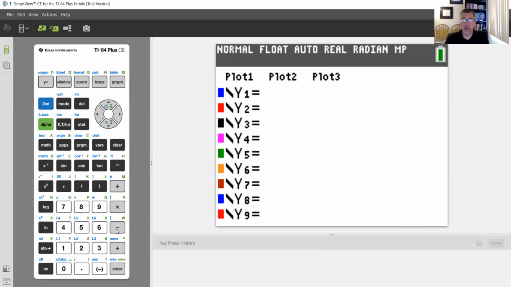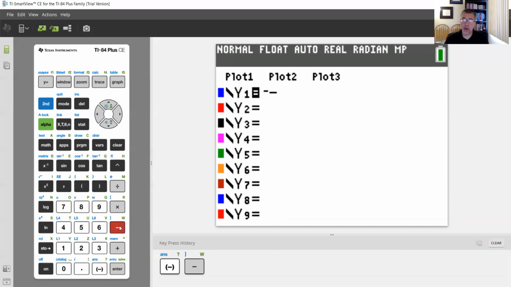So let's make sure that we don't get that confused. A negative sign is right here at the bottom right-hand of the faceplate is the negative button, whereas the minus sign is on the right column, above the plus sign.